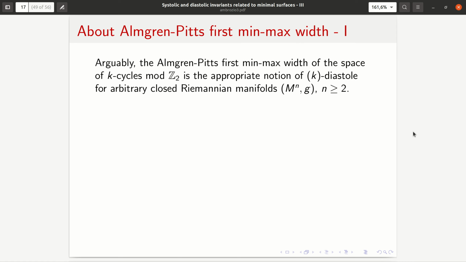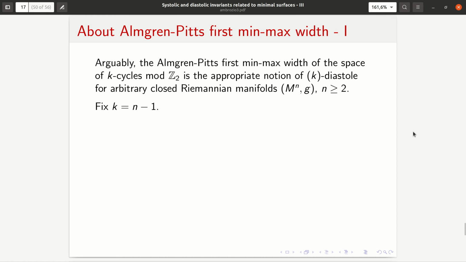Well, because you can cut and paste. Anyway, just to summarize, I would argue that the Almgren-Pitts theory is the one that gives you the most appropriate notion of diastole in the case of arbitrary Riemannian manifolds of all dimensions.